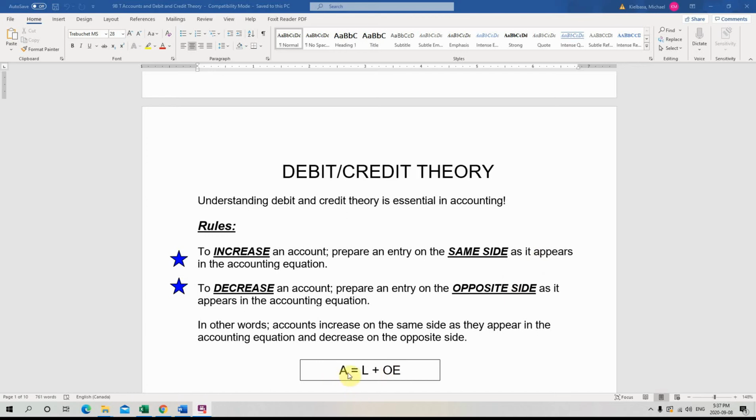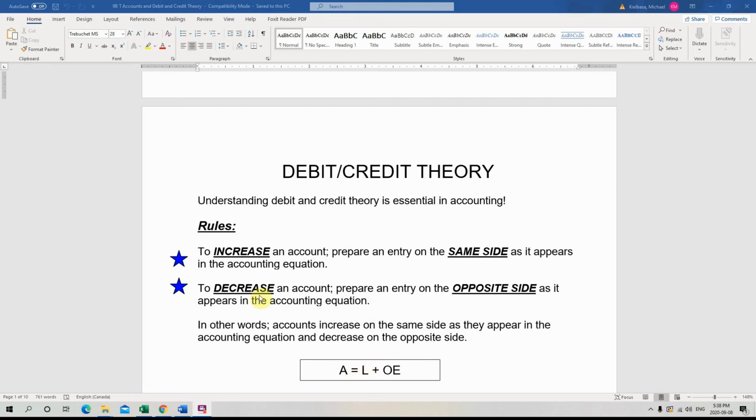Assets are on the left-hand side of the equals sign, so they increase on the left-hand side of a T account, the debit side. Liabilities and owner's equity are on the right-hand side of the equals sign, so they're going to increase on the right-hand side of a T account, the credit side.